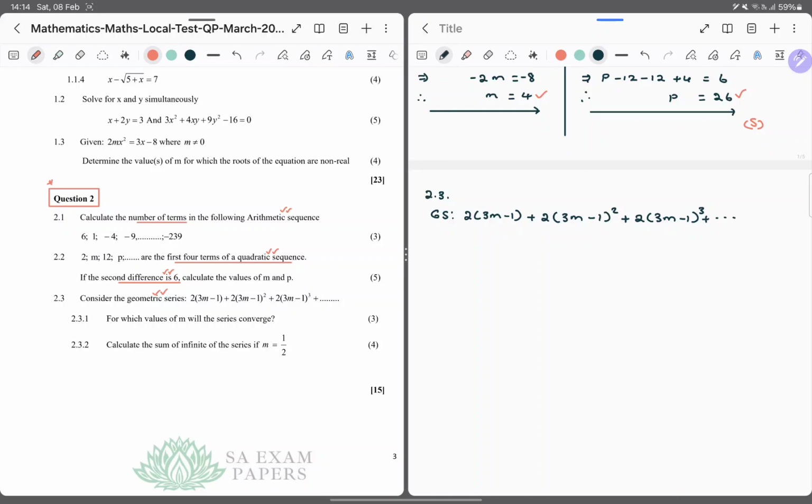Now from observation, we will see that this part increases somewhat exponentially. Can you see? The exponents are increasing from exponent 1 to 2 to 3, so this is the common ratio.